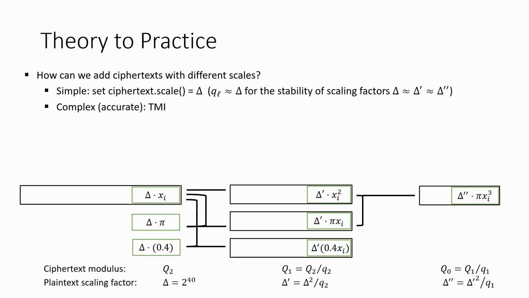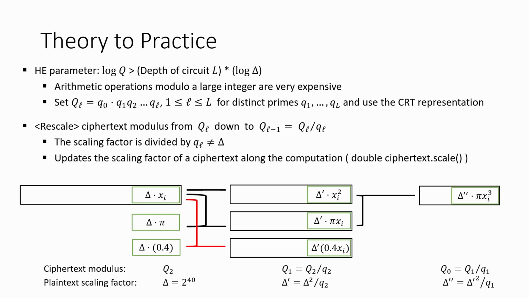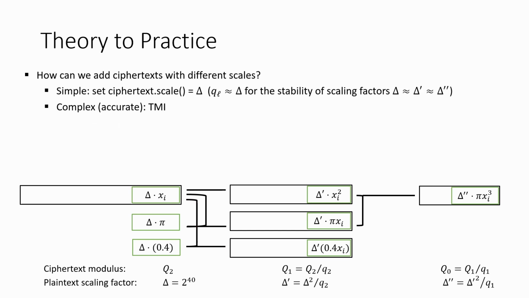It is fine because in the parameter setting, when we search for these intermediate primes from Q1 to QL, we try to make them as close as possible to the scaling factor delta. So division by ql is approximately equal to division by delta, and it's fine to set the scaling factor as delta.